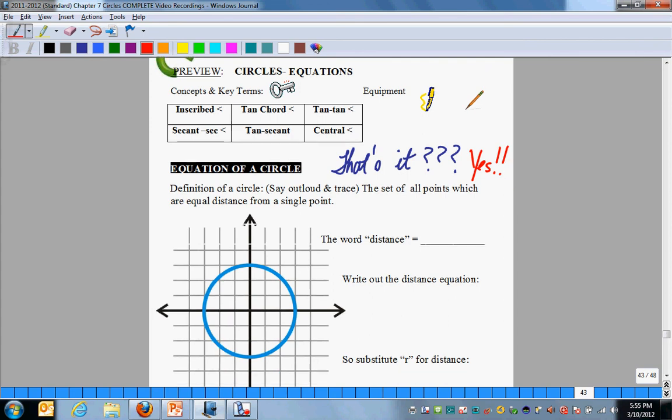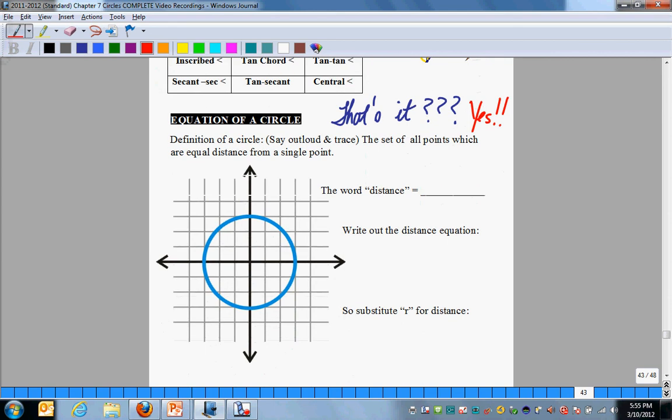Equation of a circle. Let's start with the definition of a circle. A circle is the set of all points which are equal distance from a single point. So here's a single point. Let's say this out loud and trace with me at the same time.